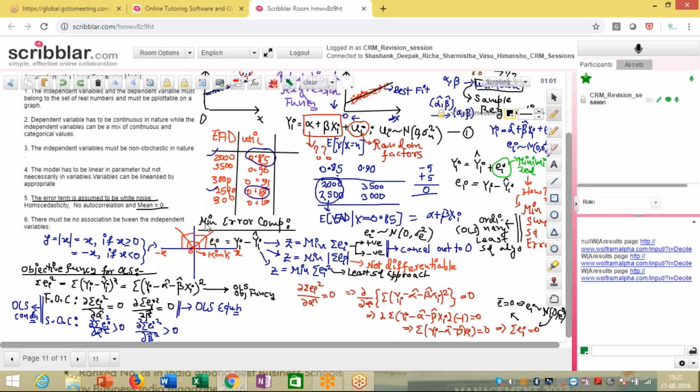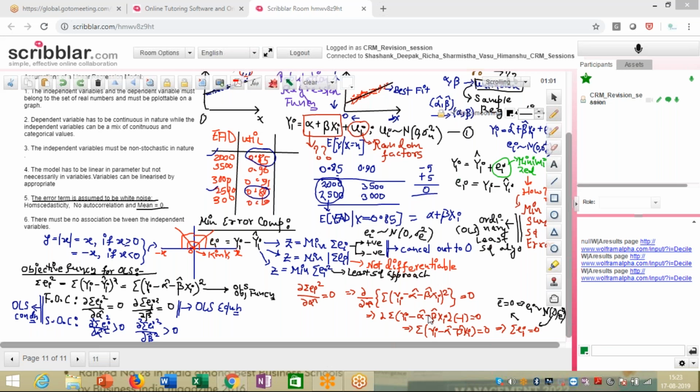Tanmay, tell me, how does the equation that you derived, yi minus alpha hat minus beta hat xi whole square, the second line, come about? Yeah, so this is the outcome of derivatives, right?